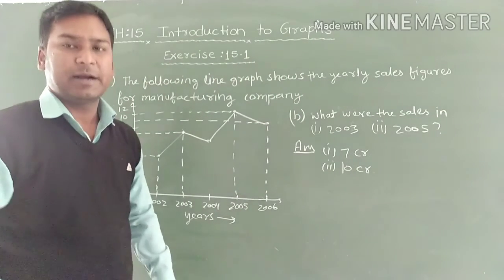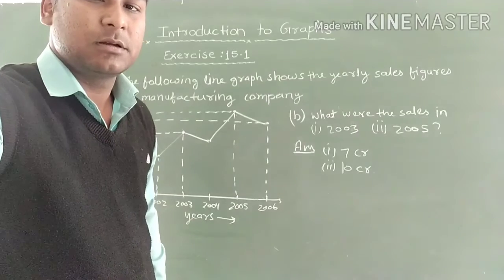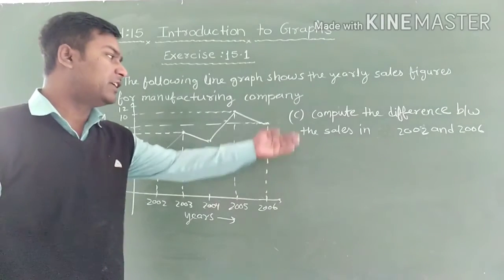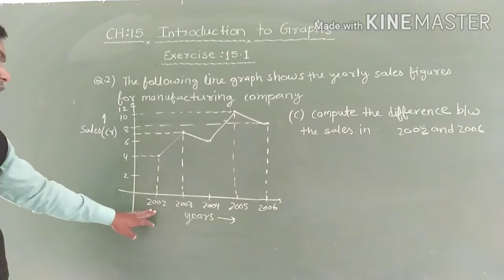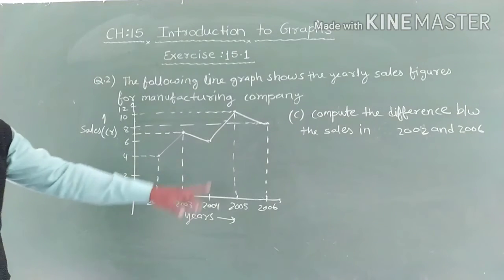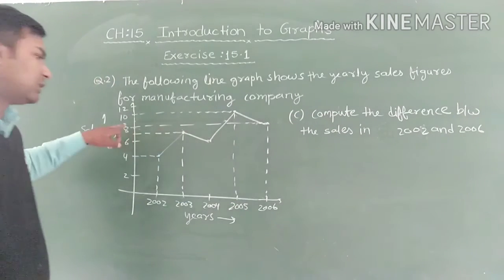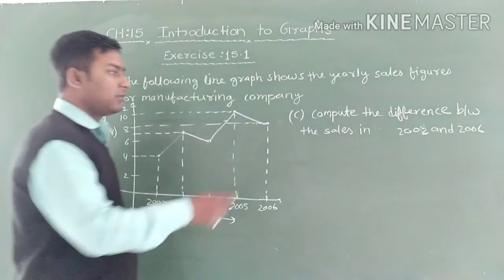Now next, part C: compute the difference between the sales in 2002 and 2006. At 2002 the sale is 4 crore and at 2006 it is 8 crore. Here we have to find the difference.